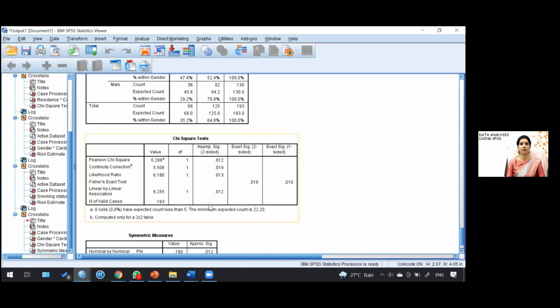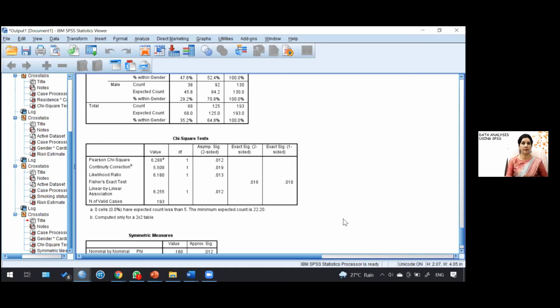Ma'am, you said that in this study the expected count was less than 5. I am not able to understand this. No, the expected cell count was not less than 5. I am saying that in the cell, the expected count should not be less than 5.